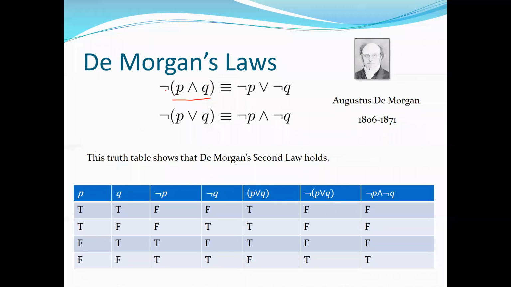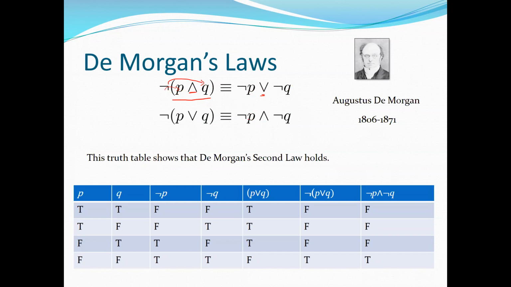You can have the negation with P and the negation with Q, but then this and symbol will be converted into or. So not (P and Q) is logically equivalent to not P or not Q. We have to prove it.